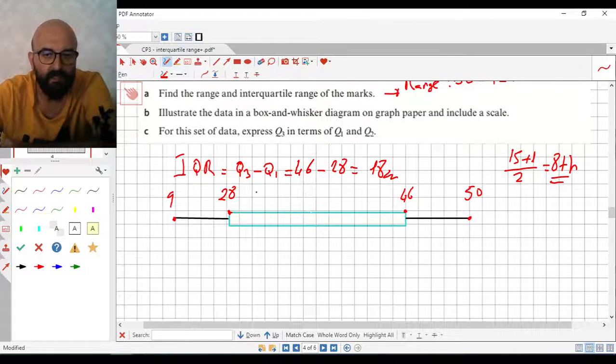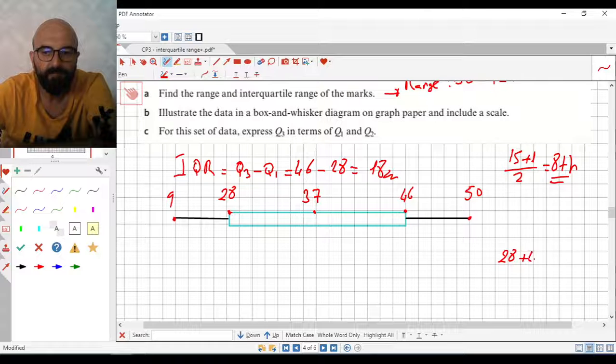37 is the middle of 28 and 46, because please notice that 37 means 28 plus 46 over 2, which is 37.